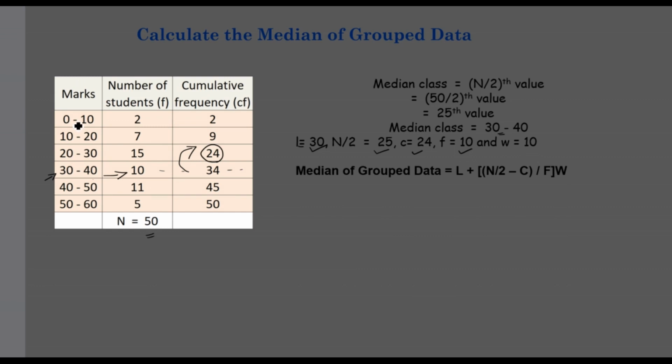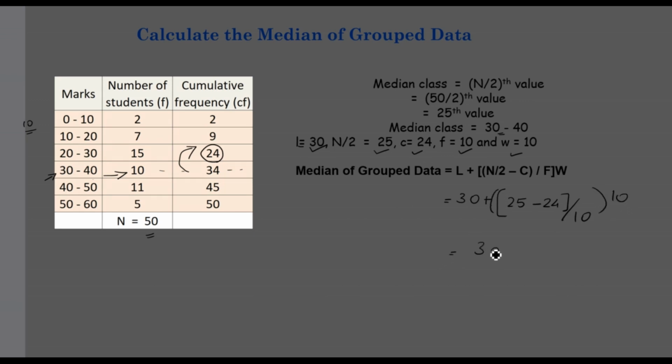Each class has the same width, that is 10 minus 0, which means 10 is the value for W. So when we apply these values, it is like this: 30 plus, that is the lower limit, n by 2 is 25 minus C 24, divided by 10, whole into 10.